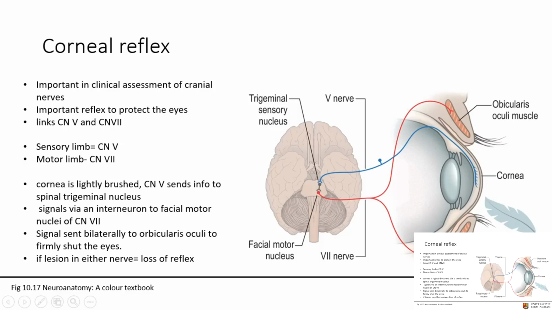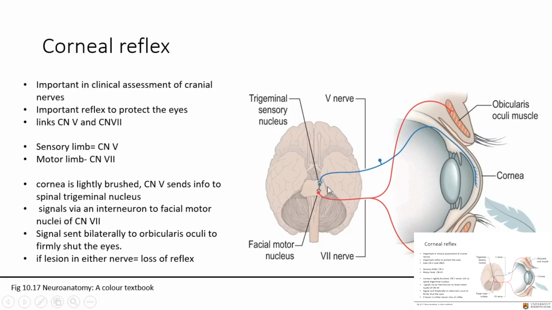So in order to assess this reflex, we need to put a cotton bud and touch the cornea of the patient, so the patient will automatically blink. And how that happens, because the ophthalmic division of the trigeminal is carrying the sensory afferent fibers, and they will enter into the brainstem.